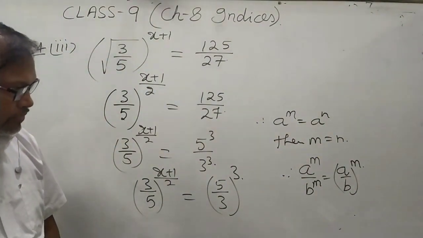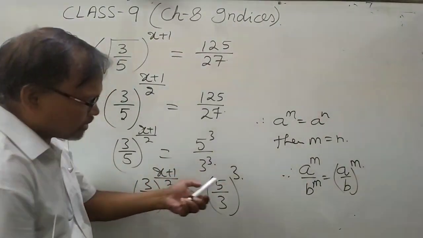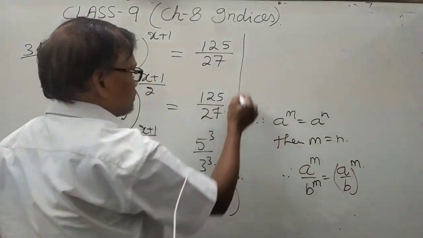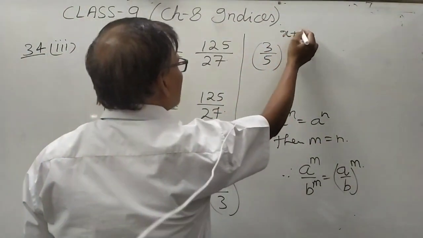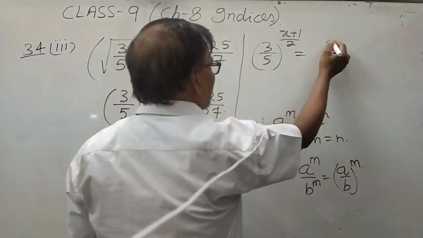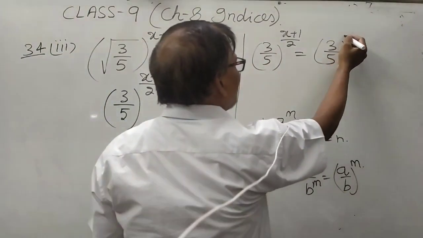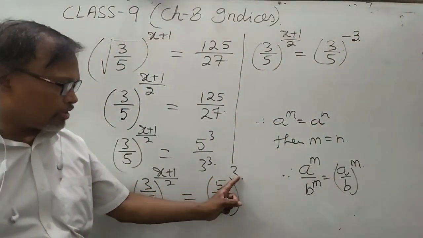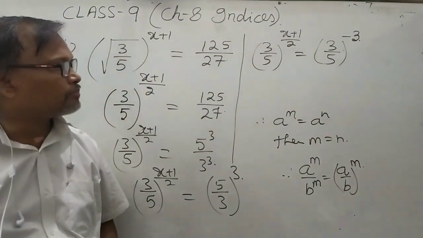How to change? I have told already, if you take the reciprocal, the sign of the power will be changed. So you can write this as 3 by 5 to the power minus 3. The sign of the power is minus now, and these you will take as the reciprocal.